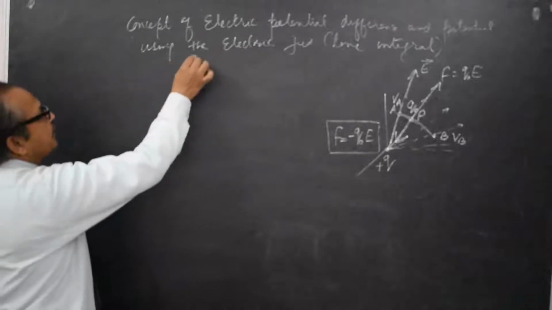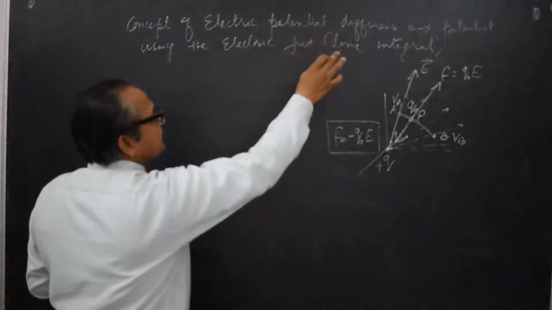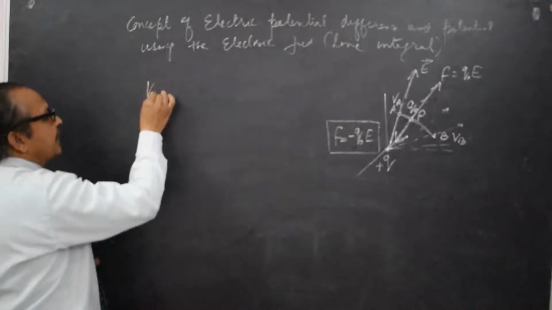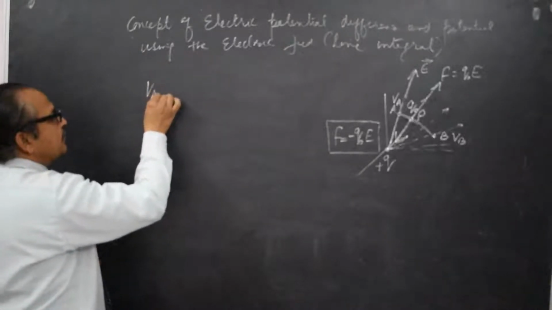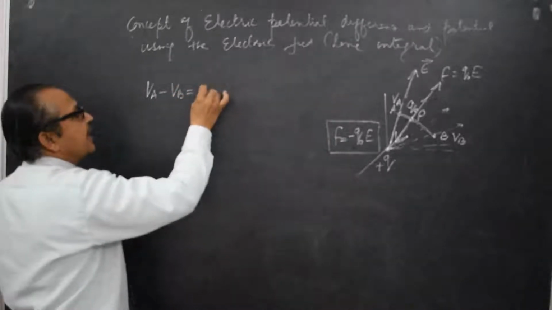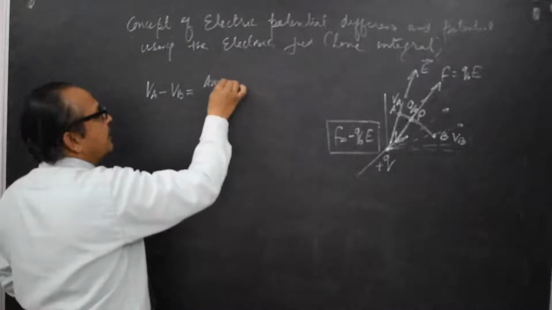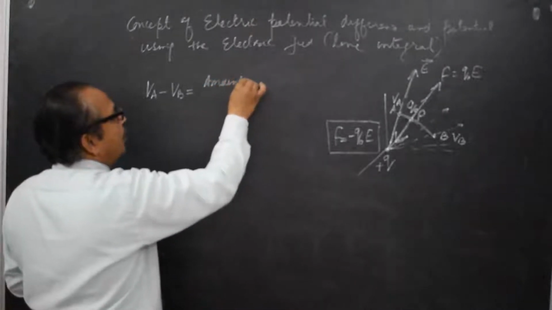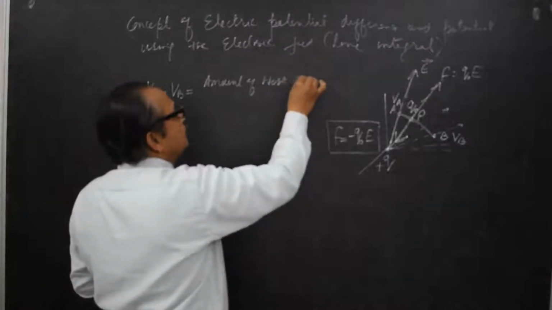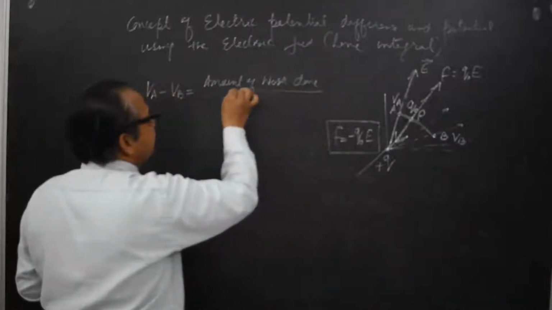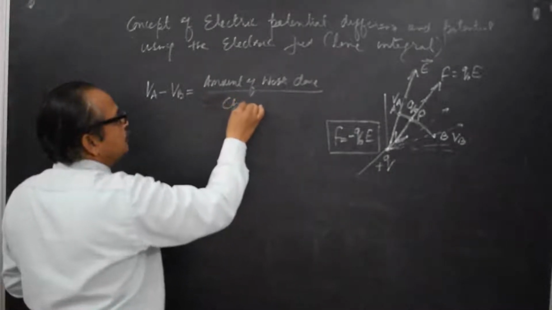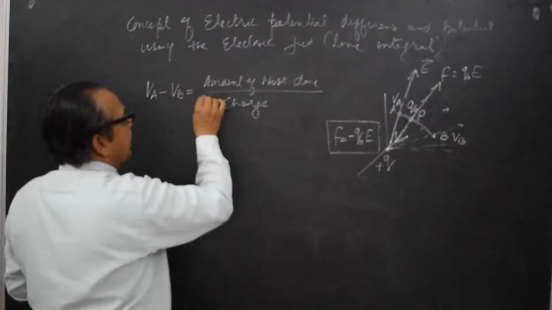Now, according to the concept of electric potential difference, you know the definition. Electric potential difference is the amount of work done per unit test charge.